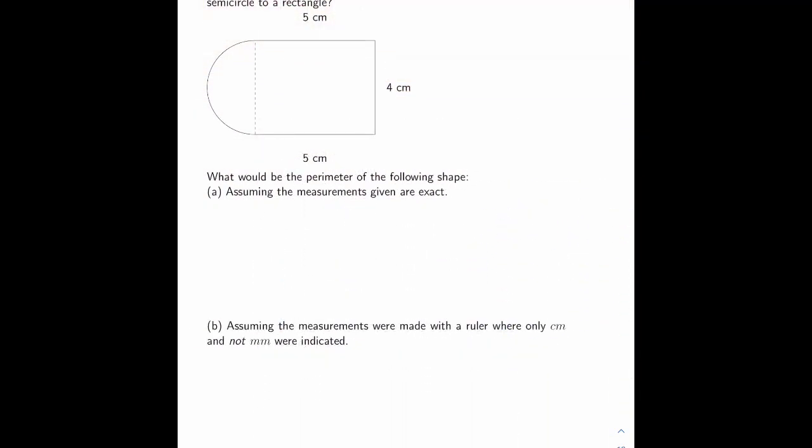All right, so here we're going to do a similar thing with perimeter, where we're adding up different pieces. I have a piece that is half of a circle, and then I have 3 sides of this rectangle.